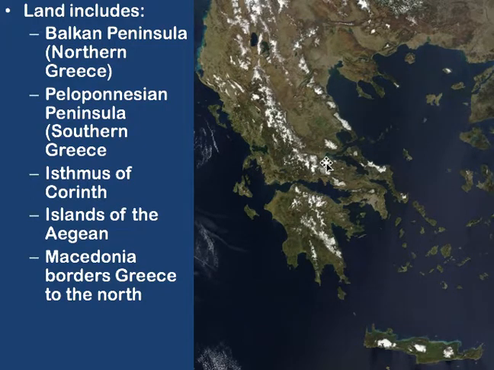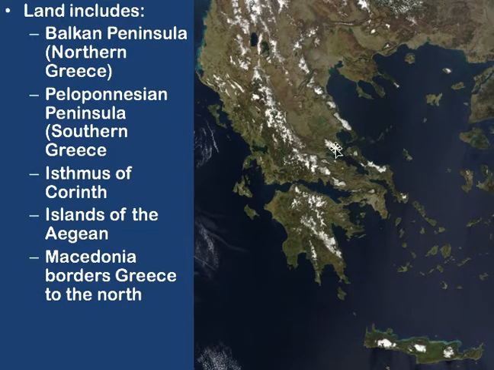Then if we go south, we're going to see that there's a really thin strip of land right there. See that? That's important. That is called an isthmus. Sounds like somebody saying Christmas, but they missed the Chris. Isthmus. The Isthmus of Corinth. An isthmus is a very thin strip of land that connects two larger bodies of land.